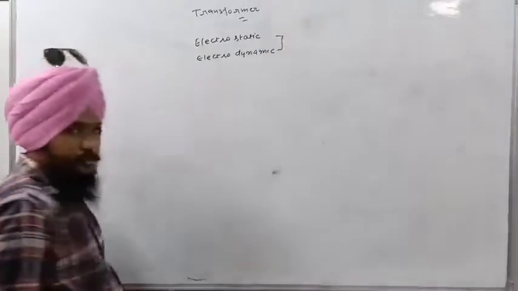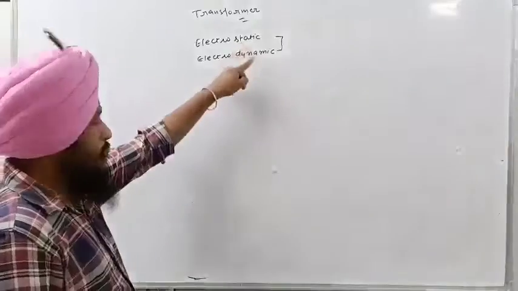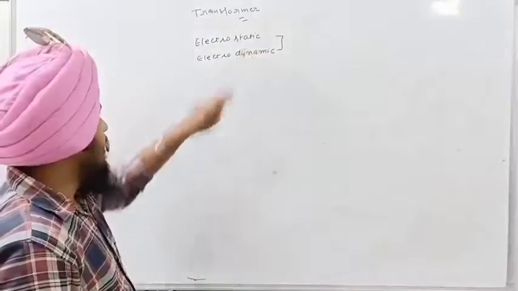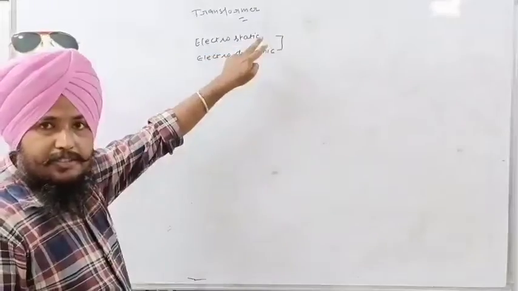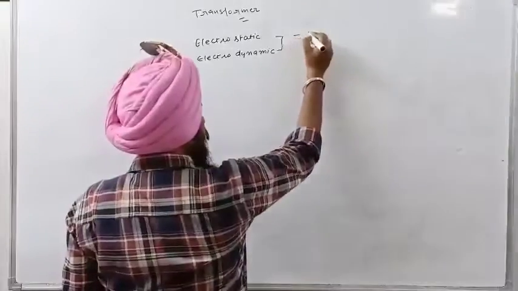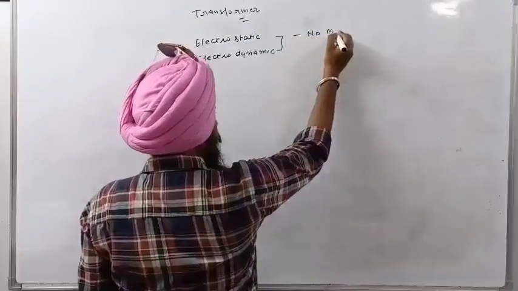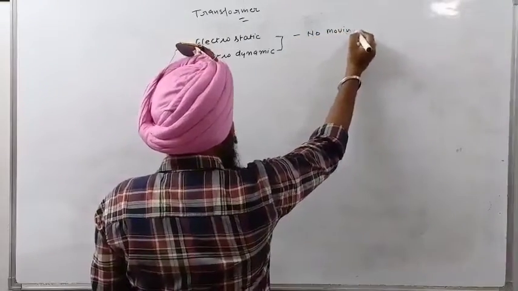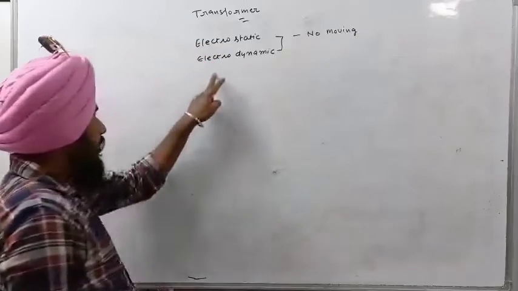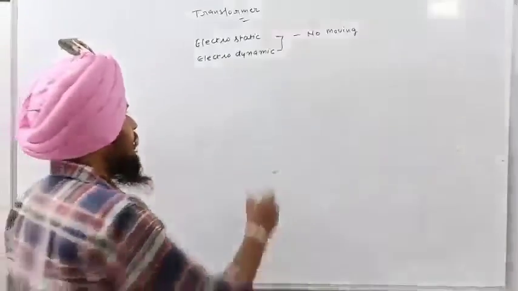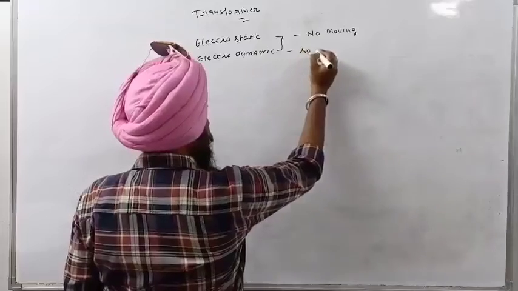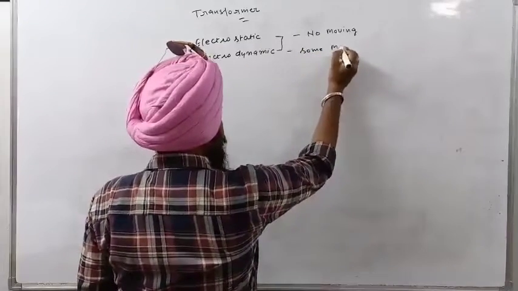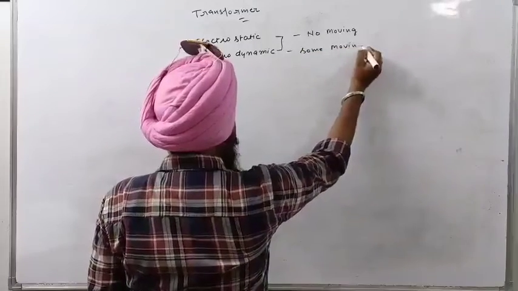The main difference between these two types is that in electrostatic machines there is no moving part, and in electrodynamic machines there are some moving parts. Some are stationary and some are moving.